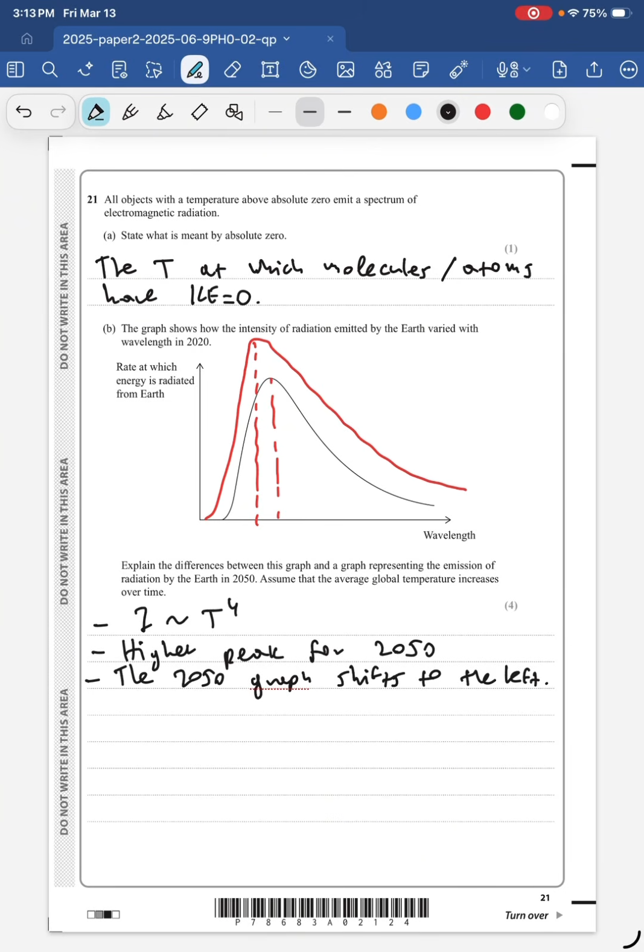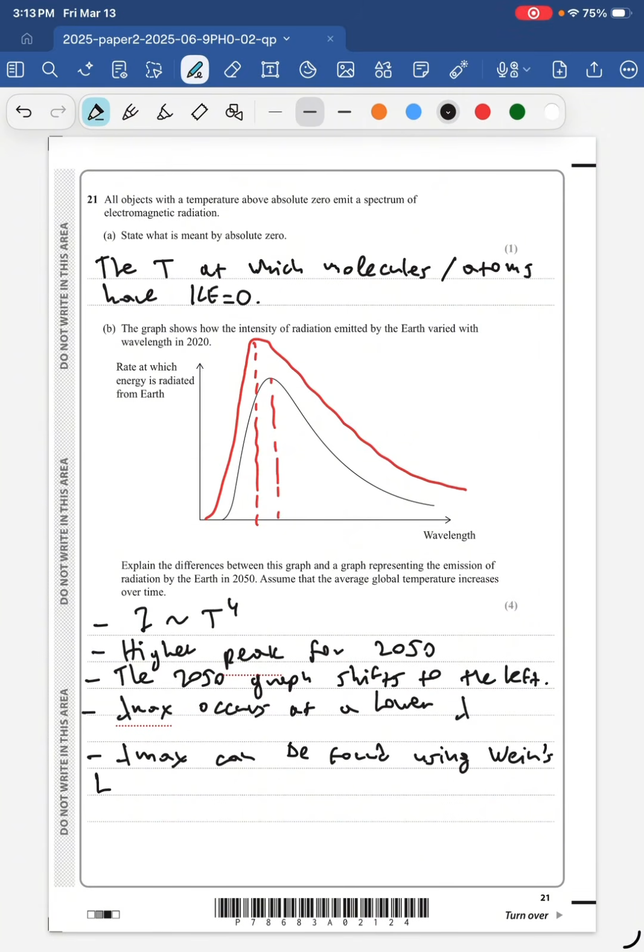Lambda max occurs at a lower lambda. And lambda max can be found using Wien's law.